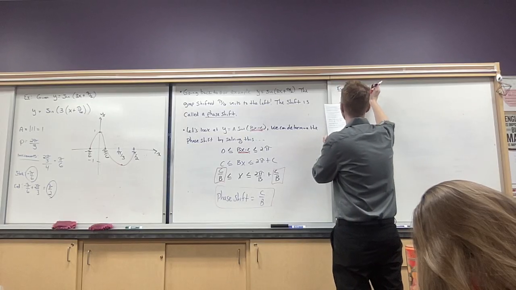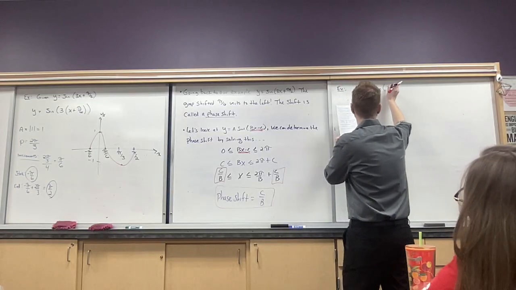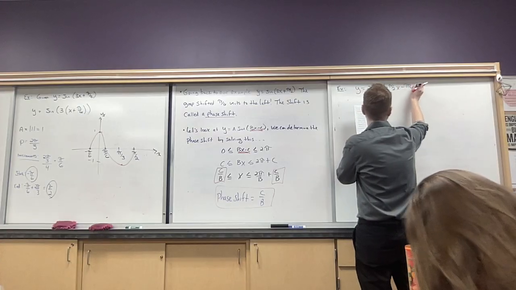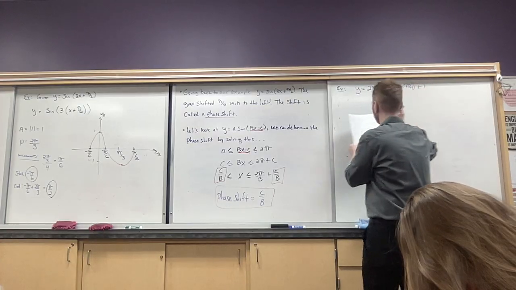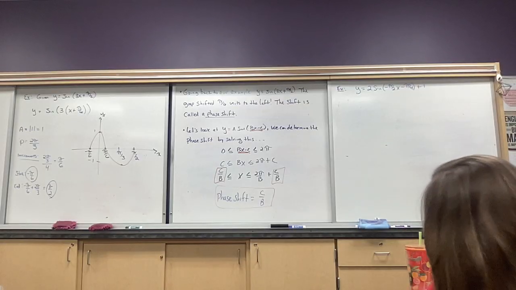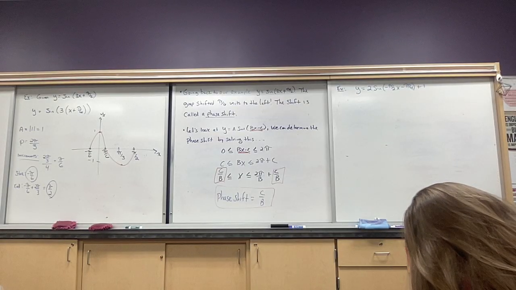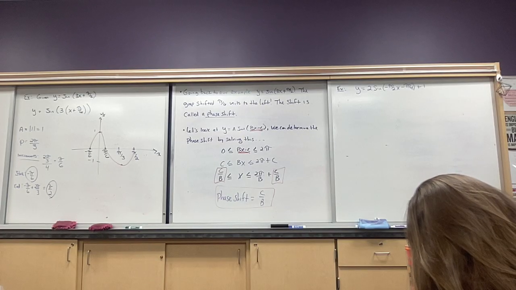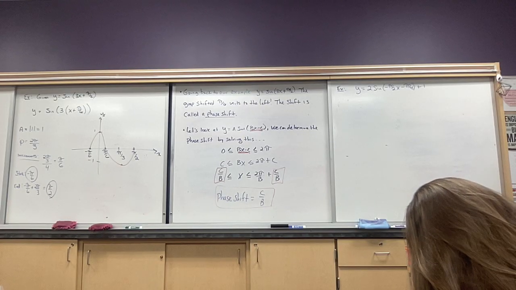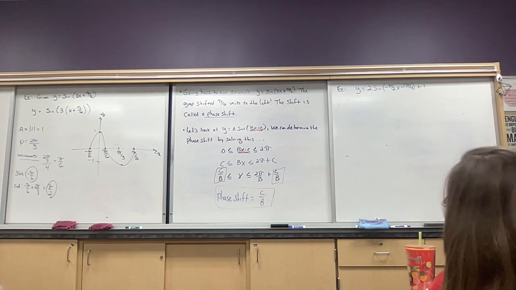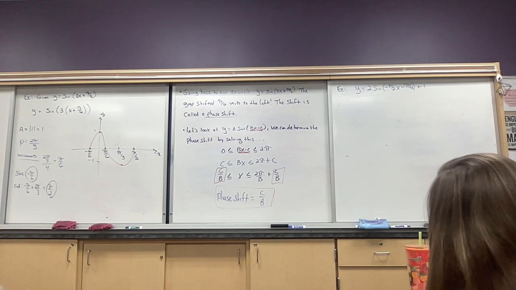So we got y equals 2 sine of negative pi over 2 x minus pi over 4 plus 1. So now I'm going to apply a vertical shift to this guy. The original equation I'm going to manipulate a little bit.